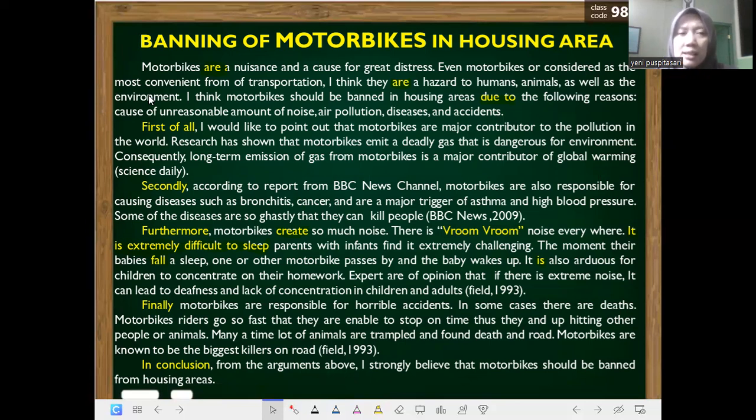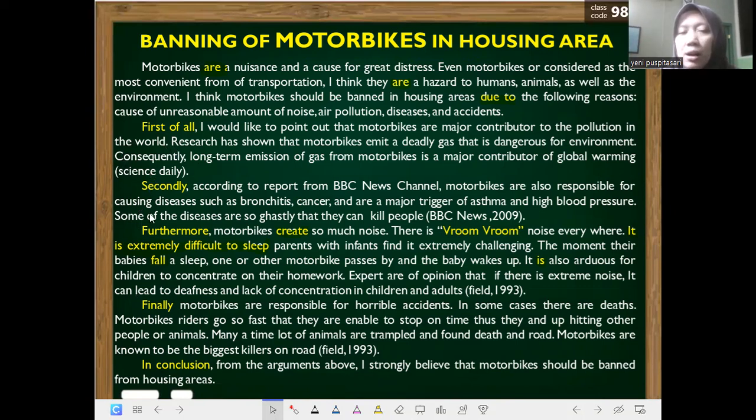Okay, this is the argument of that opinion. The first one is unreasonable amount of noise, and then air pollution, disease, and accident. Okay, the second paragraph, and then third, fourth, and fifth, we call them as arguments.